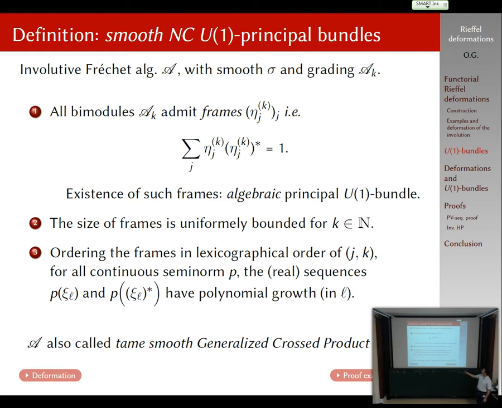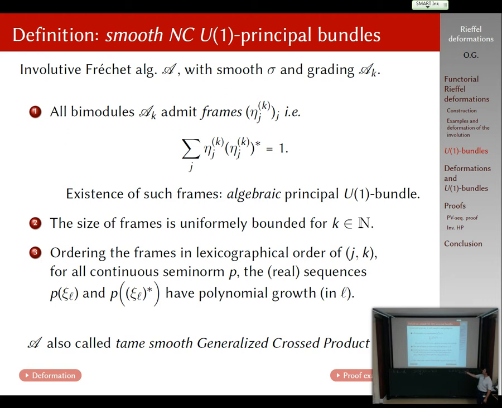So we're going to ask that the number of elements in a frame for a given K is independent of the chosen K. And we're also going to ask that we have polynomial growth in these frames. And so the lexicographical order which appears here is just to give a meaning to this polynomial growth. And of course, we're in the Fréchet setting, so we need to do that for all continuous seminorms.